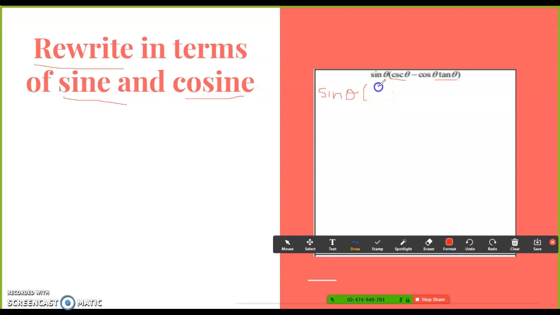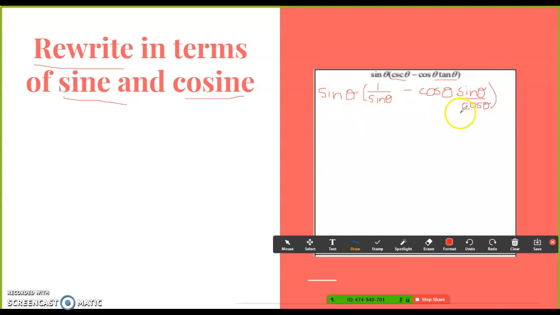So I'm going to rewrite it as the identity 1 over sine theta. Okay, so I have sine theta times 1 over sine theta minus cosine of theta. And I'm going to rewrite tangent as its identity, which is sine of theta over cosine of theta.